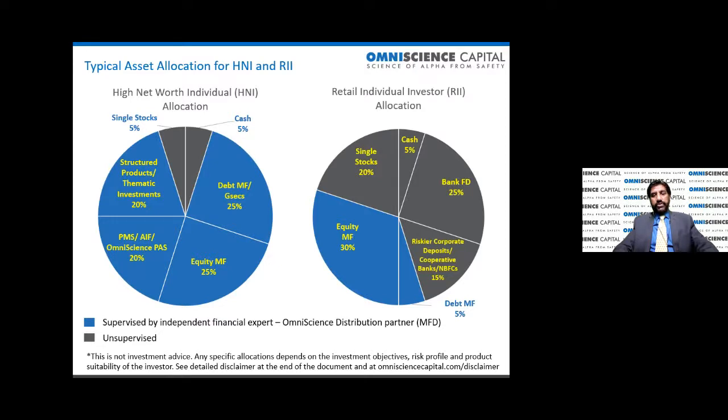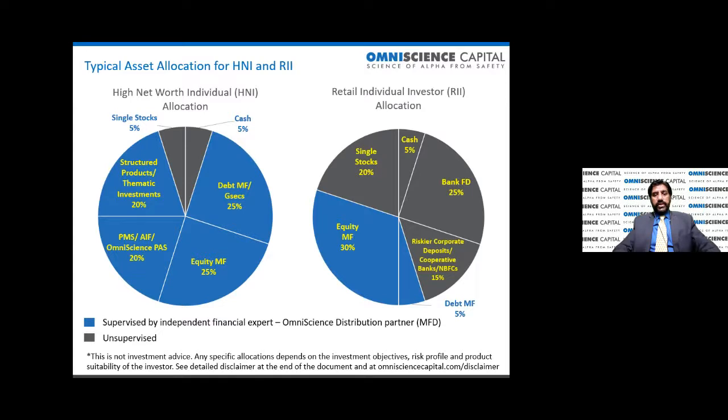So HNI versus RII. You can see all the blue colored assets, this is the full pie chart for the assets. The blue colored portion is supervised by independent financial experts. So that could be a mutual fund distributor or partner. And as you can see, for the HNI category, and we're not talking about our clients, we're talking of clients in general.